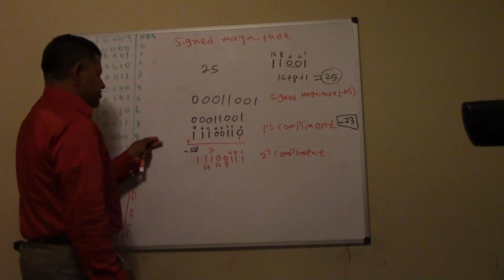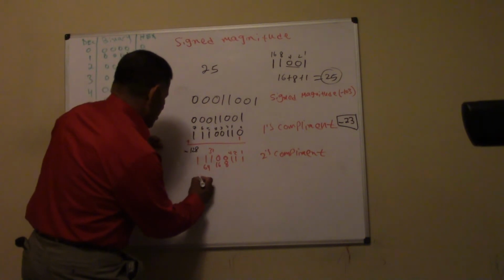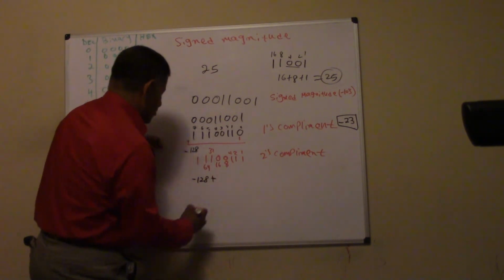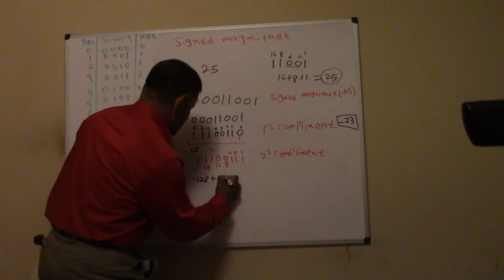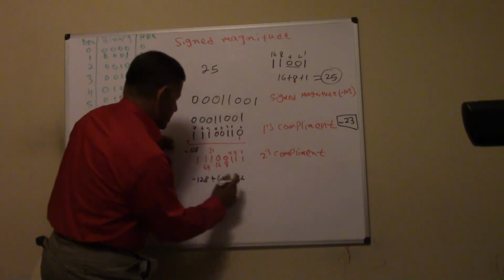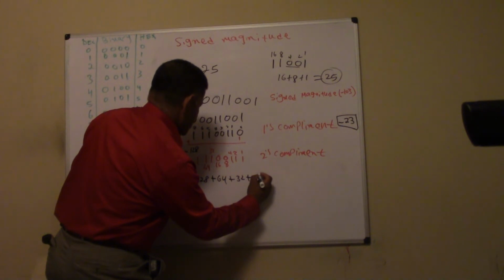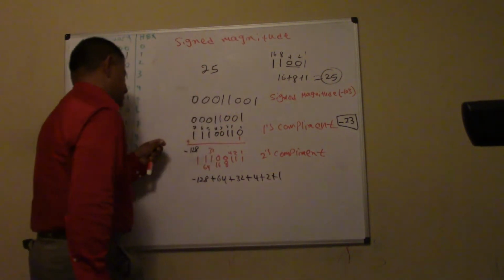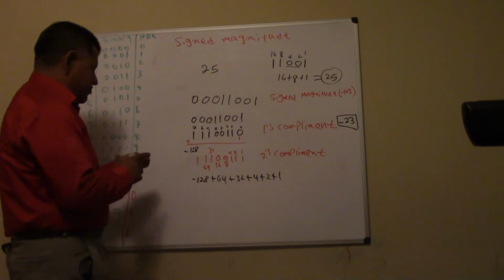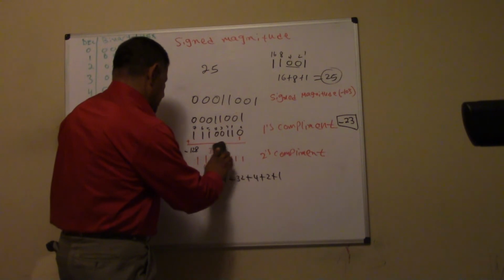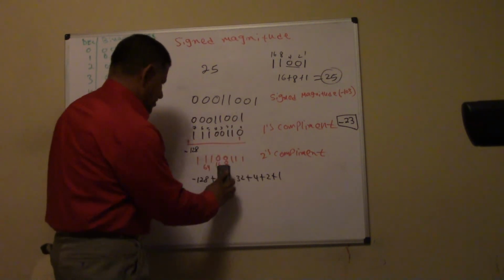Okay, so here we got 128 plus 64 plus 32 plus 4 plus 2 plus 1. Remember, I'm just adding the numbers to get a decimal value. Let me just make this clear.